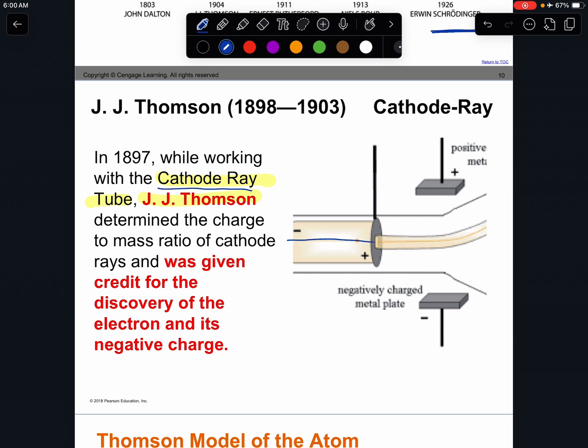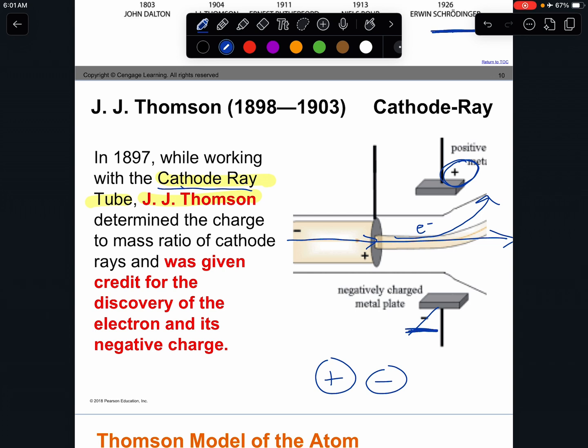So what the heck does that even mean? That means that he shone a laser through, and what he thought was that it would go continuously straight. What happened is it actually curved up towards this positive magnet, and because it was attracted to the positive and not the negative, he realized that electrons are negative, because in our world and in chemistry, the idea that positive and negatives attract is such a fundamental idea to describe a lot of things.